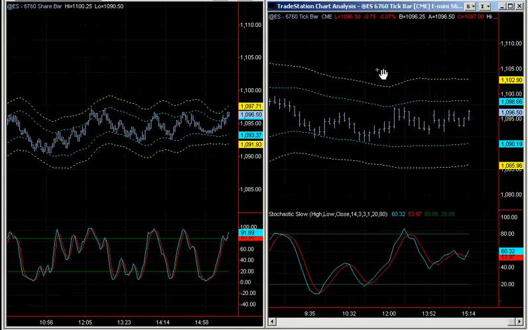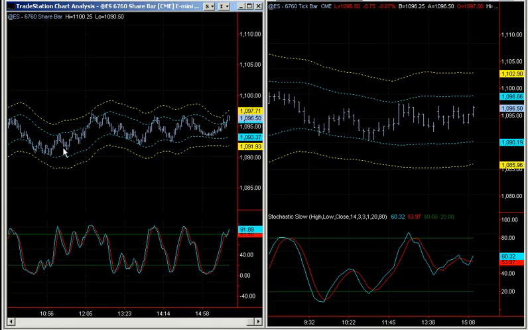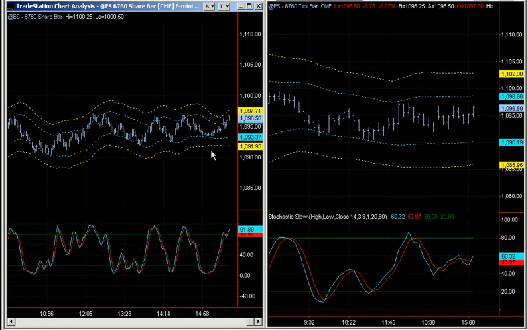So this would have been the way in which that chart was being calculated, and now it's going to turn into this chart when you make that adjustment from tick to share.